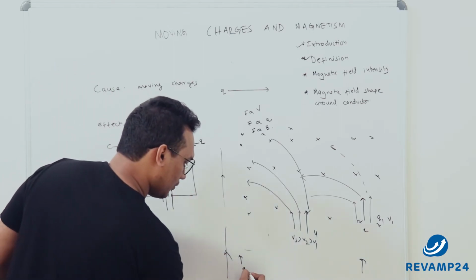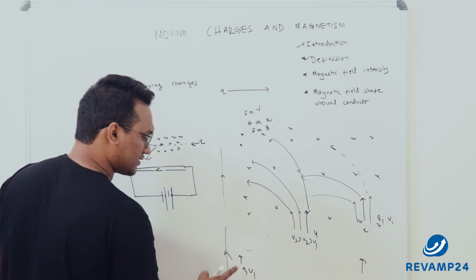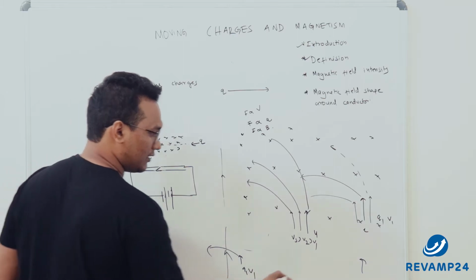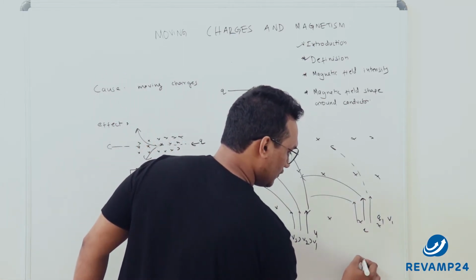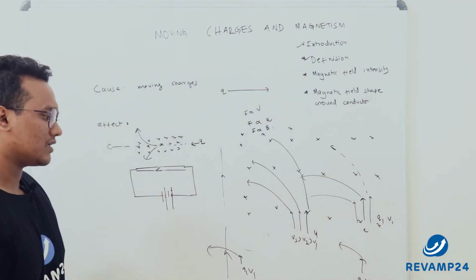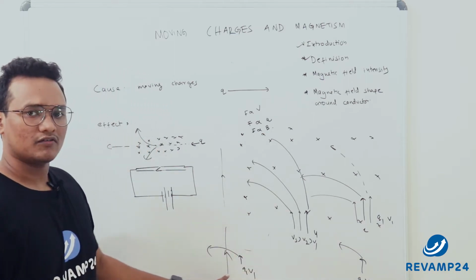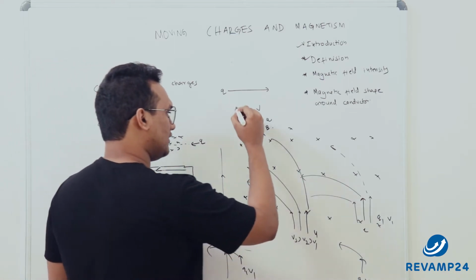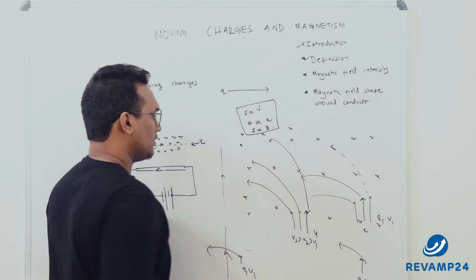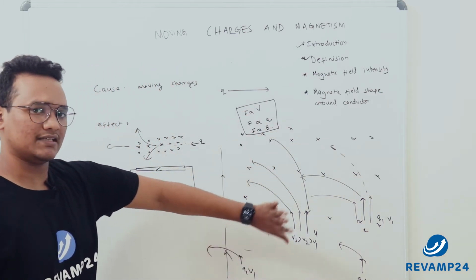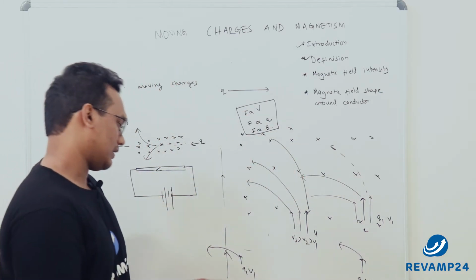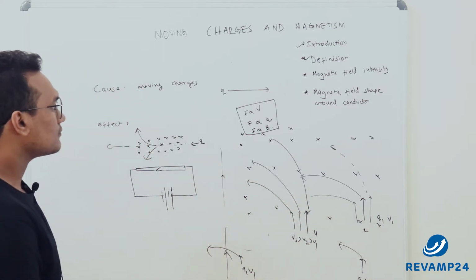So keep Q1 moving at V1 velocity here, you will see higher deflection, but Q1 moving at V1 there, you will see lower deflection, which means higher the magnetic field, force is more. So anyway, these conclusions are made. So here the third point is just changing the magnetic field, either in this way or in this way.